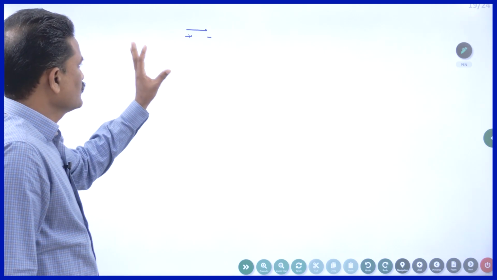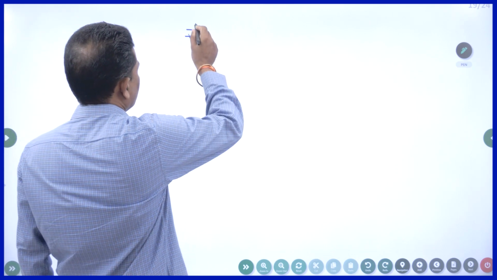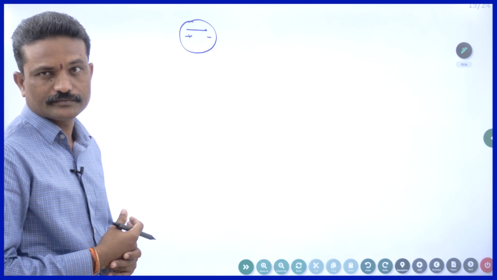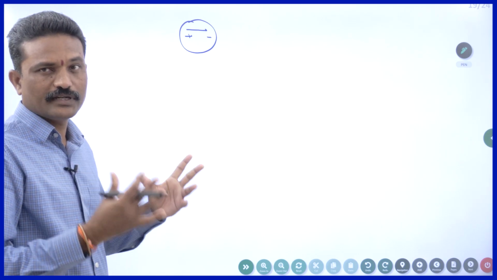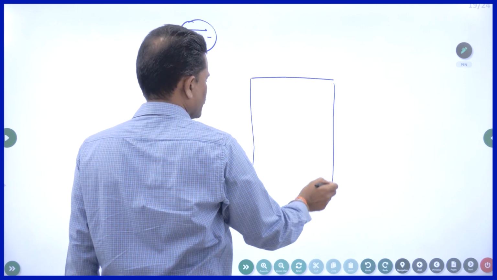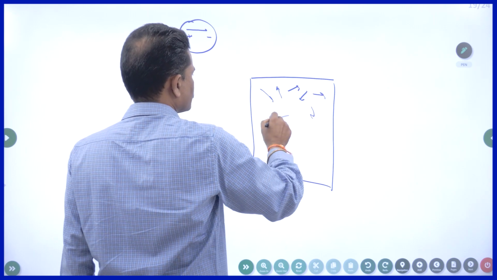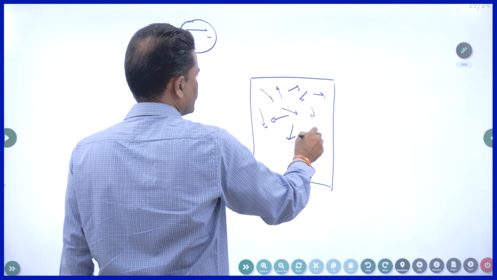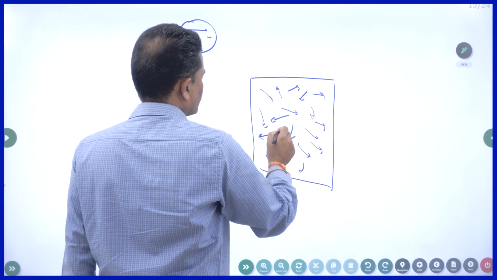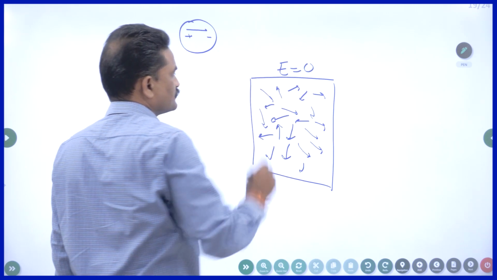So, if I take a polar substance at room temperature, all these dipoles are randomly arranged due to thermal agitation. That means, if this is a dielectric, in this the dipoles are randomly arranged in all possible directions. What is the resultant dipole moment, or what is the resultant electric field? The resultant electric field is 0.